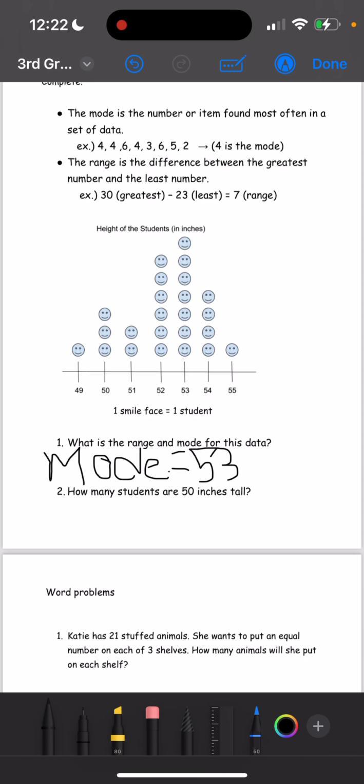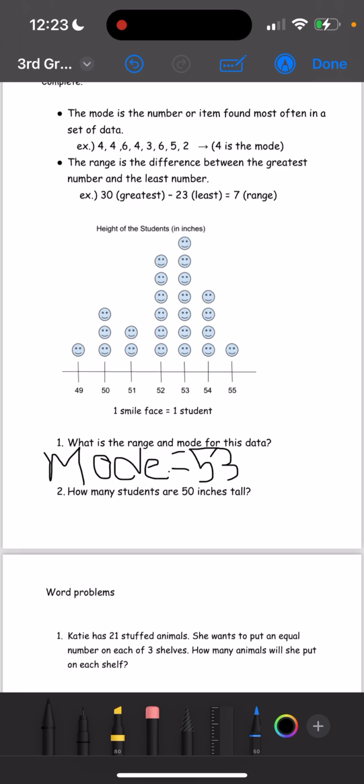And then for the range, we have to find the difference between the greatest number and the least number. So the greatest number will be 53, minus the least one, which has the least smiley faces, which would be 49 and 55.